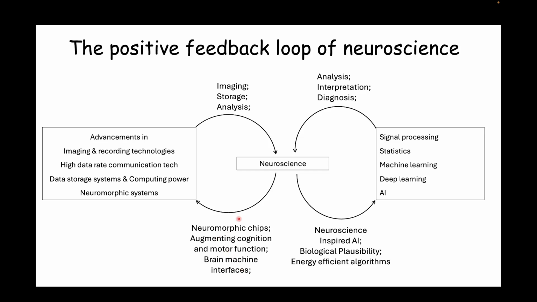We can also use this in augmenting cognition, such as brain-machine interfaces or brain co-processors, where a function which is not present or gone over time because of some disorder or accident can be put back into the brain. For example, a particular brain has a lesion because of which the signals are not being communicated across.